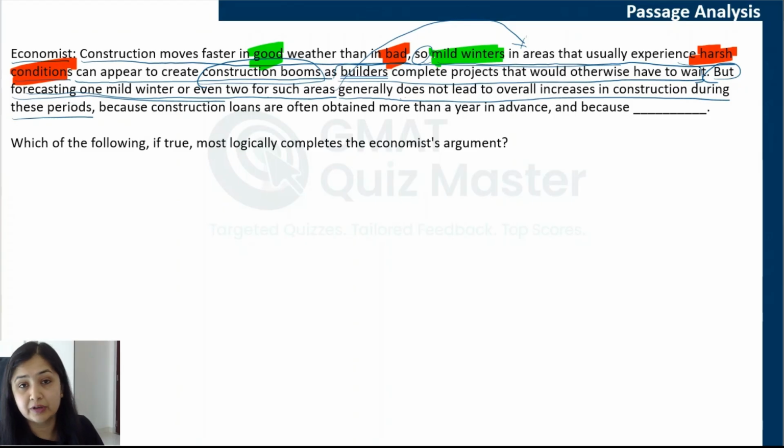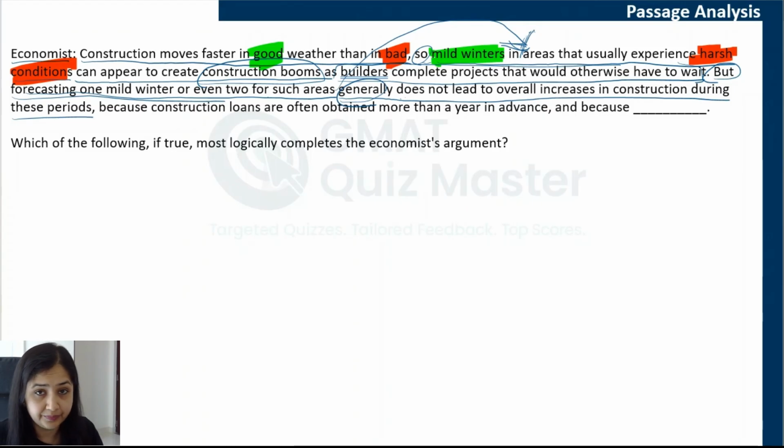So there's a contrast given that construction moves faster in good weather, but in such areas, even if we can forecast one or two good weather seasons, the construction does not usually increase during those periods.